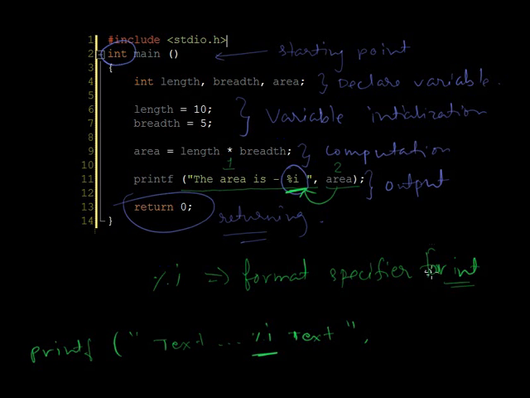Now after the first argument you have a list of variables, right? And according to the list of variables it gets printed. So we have a variable here, and the value of this variable is inserted wherever it finds %i. If we have another variable here, it will print that other variable's value in some other %i, right?